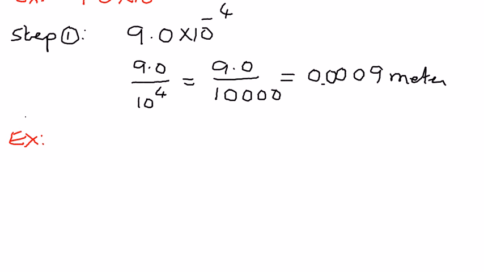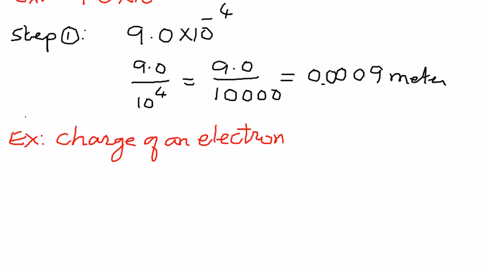So in here, we want to convert scientific notation into regular notation, and let us say the charge of an electron is given to us as equal to 4.8 times 10 to the power of negative 10 electrostatic units.